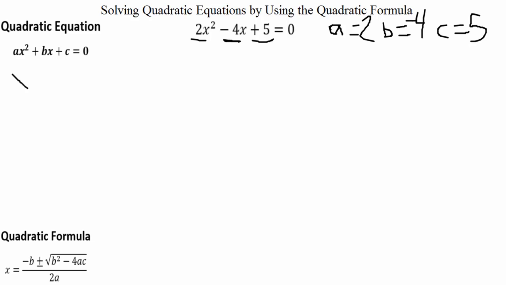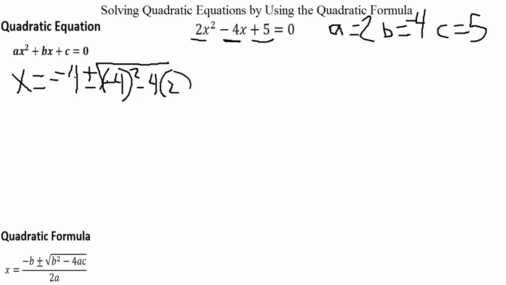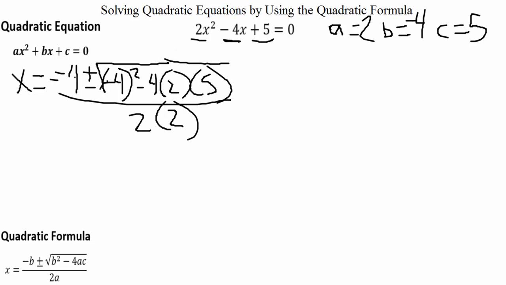So let's plug and chug. X is equal to -b, so that's -(-4), plus or minus the square root of b squared, so that's (-4) squared, minus 4 times a times c, and that's all over 2 times 2.